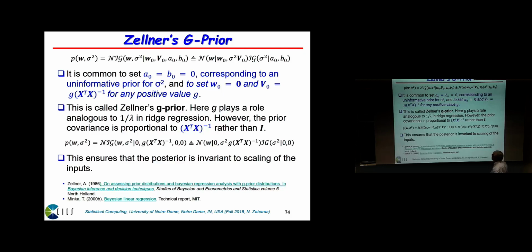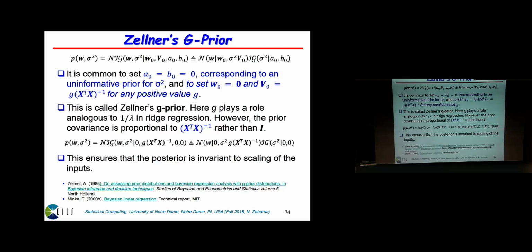Okay? 2 minutes to go. Since we discussed this general Gaussian inverse gamma distribution for W and sigma squared, can we take informative versions of this? And the answer is yes. And you will see on the next homework, one distribution that you can actually use for a prior is this distribution here.